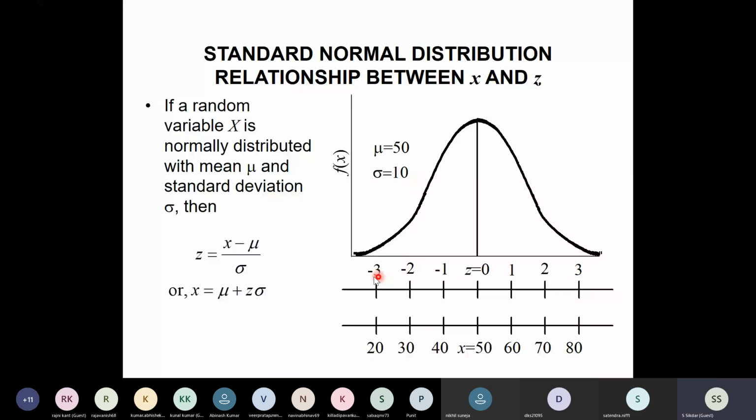That looks nice, and you feel it would be convenient, whereas the x value here is 20 to 80, which sometimes may become very inconvenient to handle.